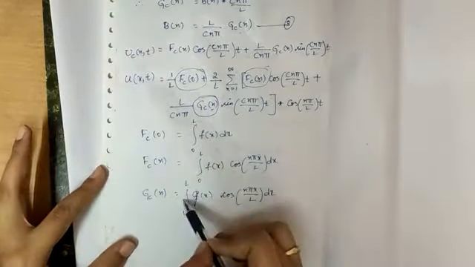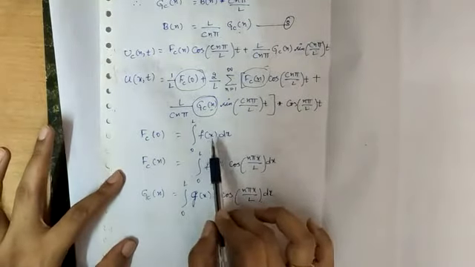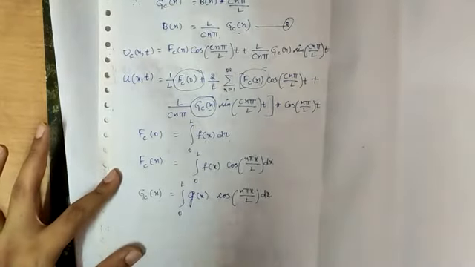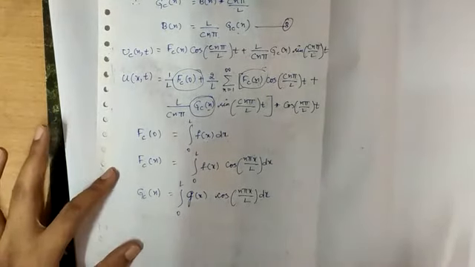So if you substitute these values here, your final solution will be in terms of x and t. Okay. This is the final solution of your wave equation using the finite Fourier cosine transform.